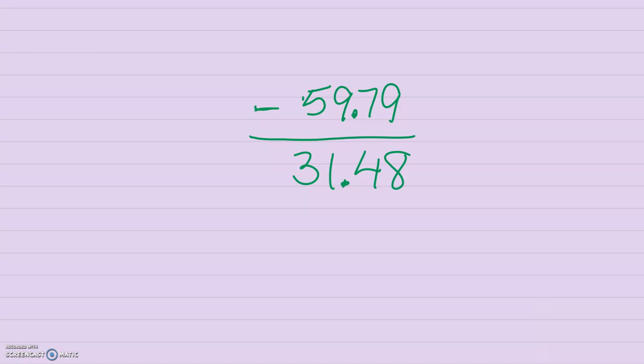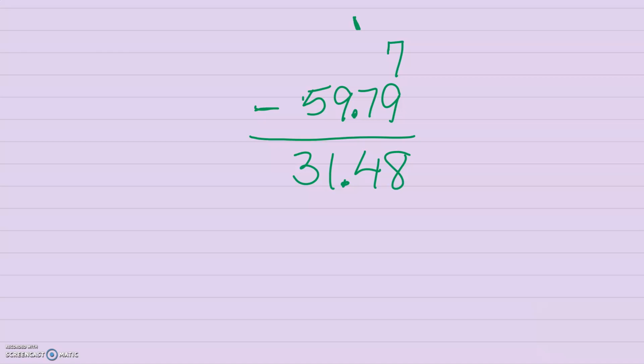What is 8 plus 9? 8 plus 9 is 17. So we're going to write down our 7, and we're going to carry a little 1 over here. We're going to regroup that 1, because if we had 17 hundredths, we would actually have 7 hundredths and then 1/10. 10 of our hundredths would become 1/10.